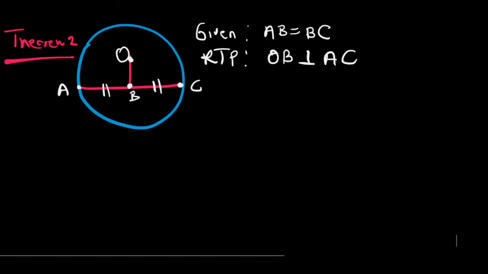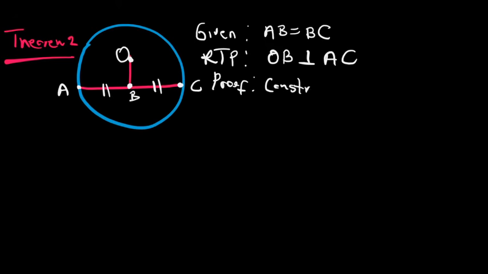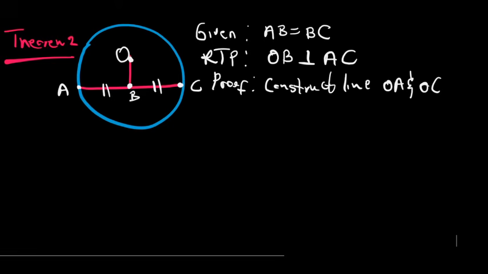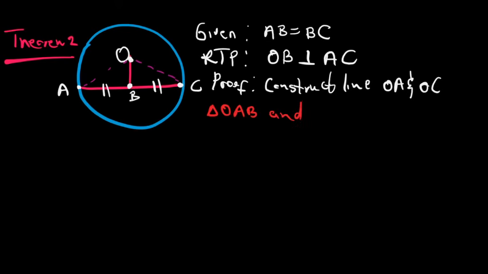So for your proof, you're going to construct line OA and OC. You're going to construct it here. Then it will form your triangles. So now you're going to have your triangle OAB and triangle OBC.